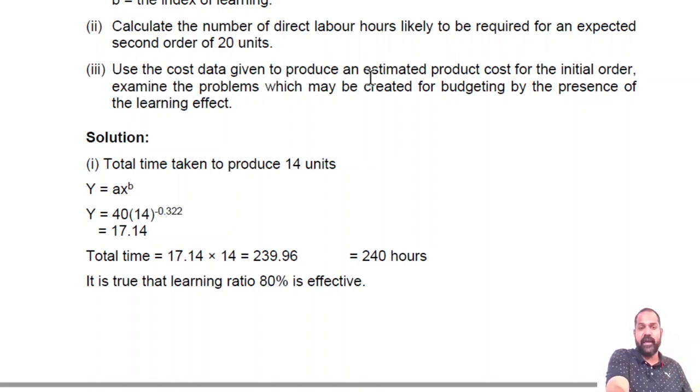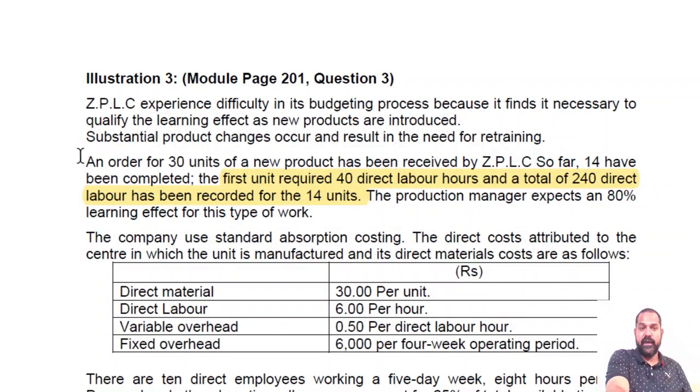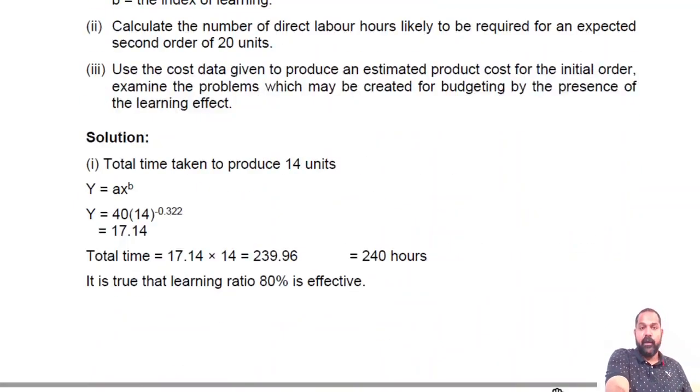Use the cost data given to produce an estimated product cost for the initial order. What is the initial order? Well, the initial order of 30 units. They are asking you to find the cost of these 30 units. For that, I need to know the time for these 30 units, which I already have. Didn't I just do this in that question?